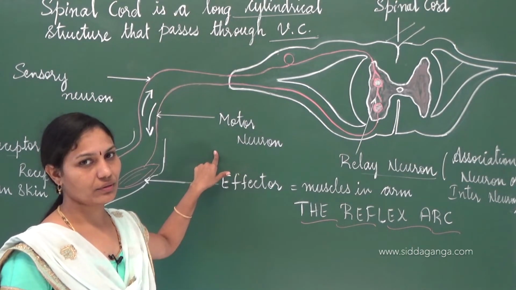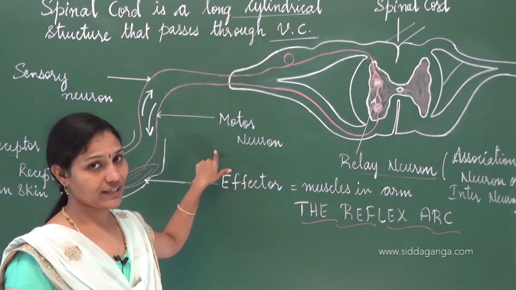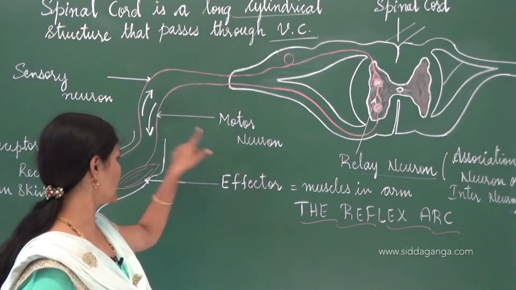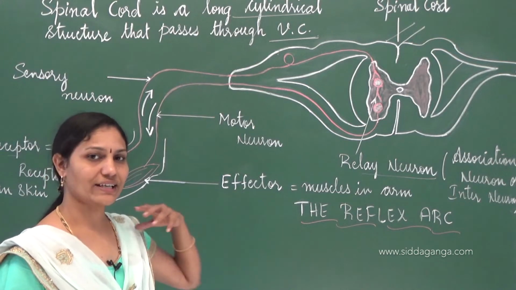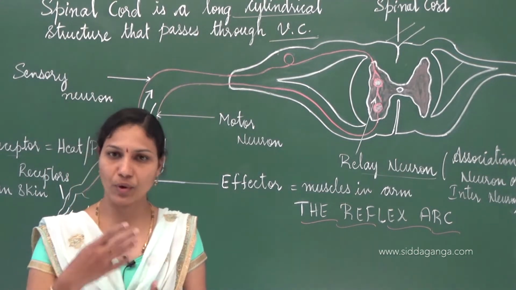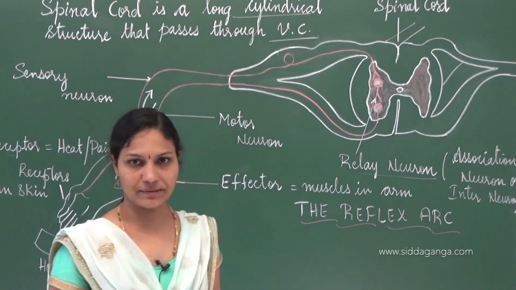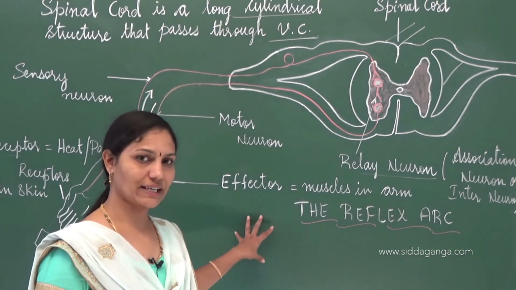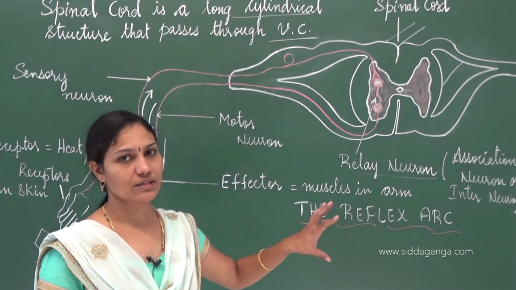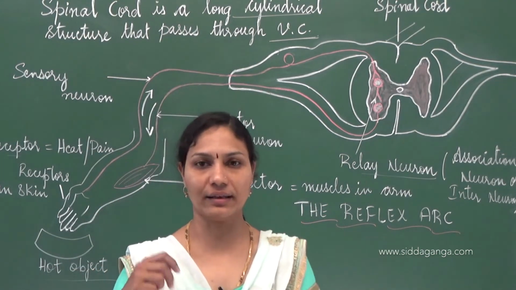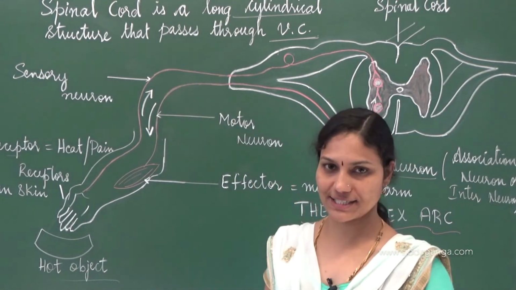Motor neuron, finally what does it do? It sends this information to the effector. Effector is the one where the response, the effect is seen. So what are these effectors? These are the muscles. So muscles contracting will display these responses.